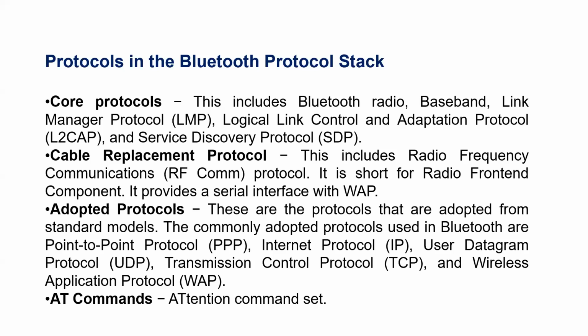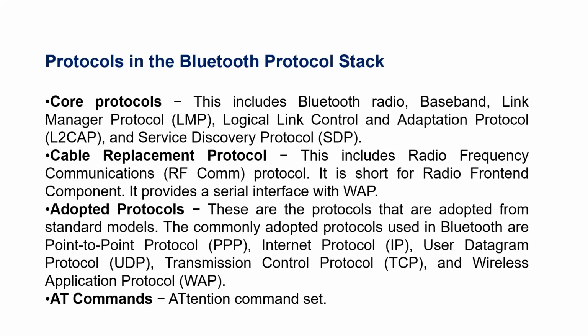And as we have seen, PPP, that is point to point protocol, IP, internet protocol, UDP, that is user datagram protocol, TCP, transmission control protocol, and WAP. So here you can see WAP comes under adopted also, and it comes under cable replacement also. So you remember this specialty of WAP here.